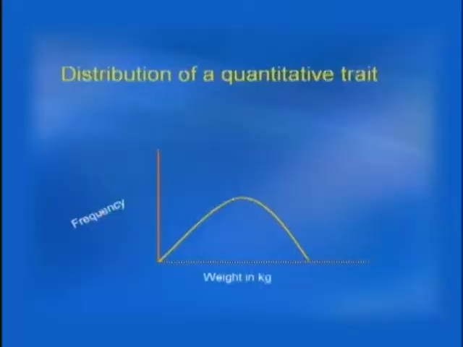Okay, so we've talked about this a little bit, and we'll just go over it one more time. As we said, when we're thinking about quantitative traits, and the example we're using here now is body weight in kilograms instead of BMI, most traits have a distribution that looks somewhat normal, but generally there's some skewing in the distribution. If the trait truly is a normal distribution, you should think two possibilities.